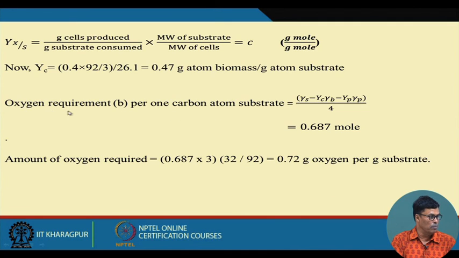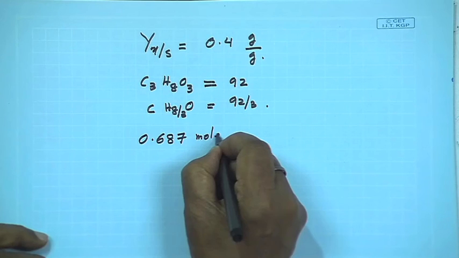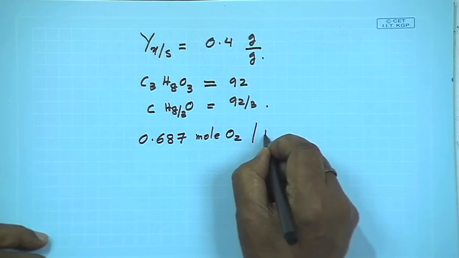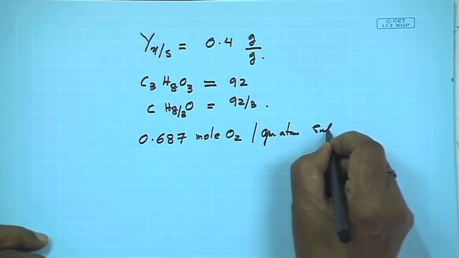Then the oxygen requirement per 1 carbon atom of substrate comes to about 0.687 mole. How do we calculate the total amount of oxygen required per gram of substrate? We are getting 0.687 mole of O2 per gram atom of substrate.